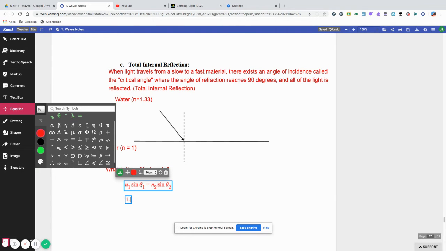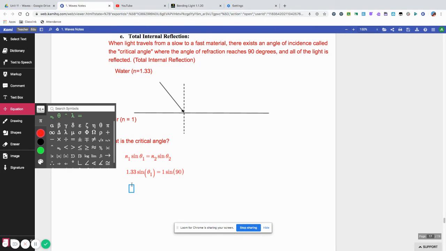We have n1 is 1.33 because it's the water, times the sine of theta 1, because that's what we're looking for, equals 1 for air times sine, and then we set theta 2 equal to 90, because we're at our critical angle when theta 2 equals 90 degrees. And we get 48.75 degrees. Which is what we said when it was about 49 degrees.